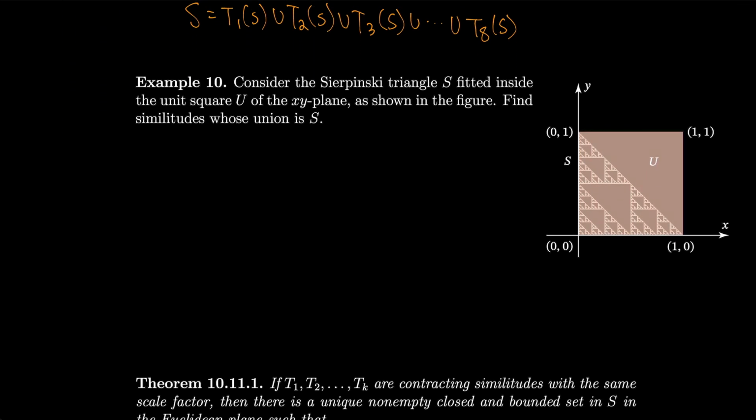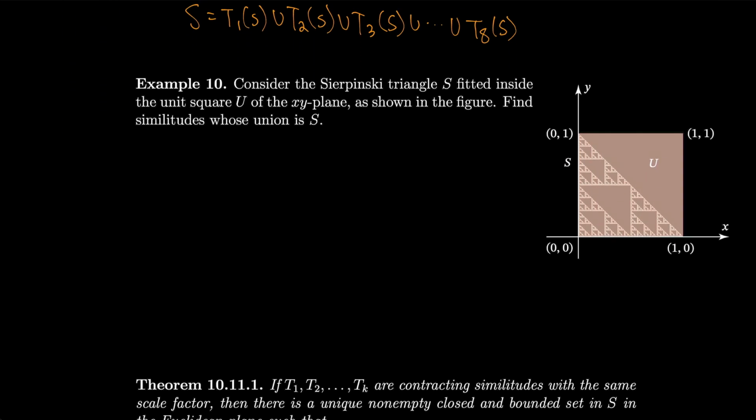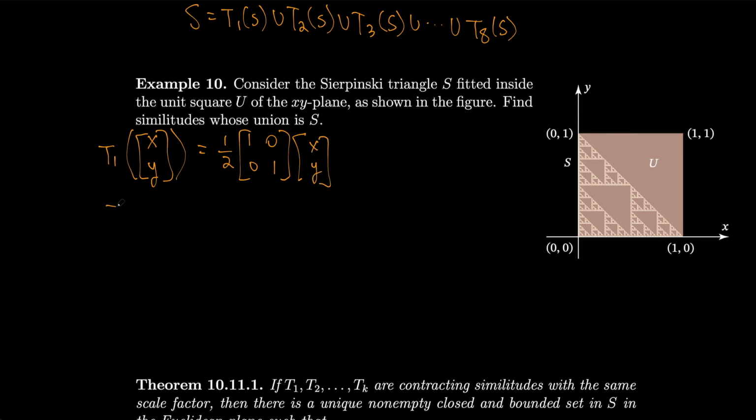How about we next consider the Sierpinski triangle S fitted inside the unit square u of the xy plane as shown in the figure, and find similitudes whose union is S. So it's the same essential coordinate system and the same plan. We'll write T1 of xy equal to the first shrunken one to the origin, so we won't translate yet. And then we need T2, so we'll shrink and we'll translate.